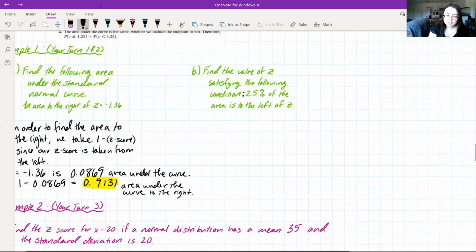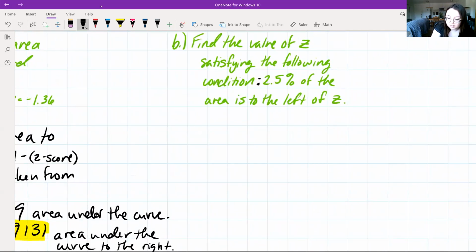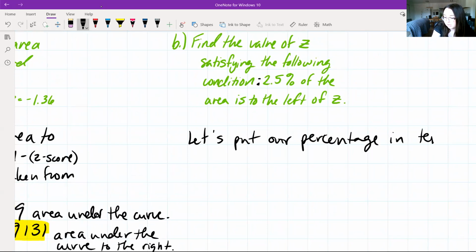Well, first things first, let's put our percentage in terms of decimal points.